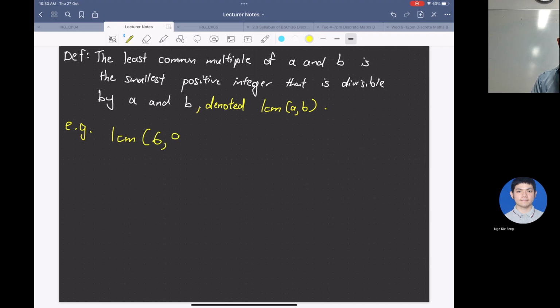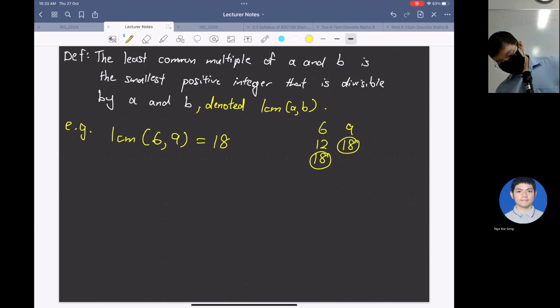Okay, what's the LCM of 6 and 9? 18, correct. If you want to systematically do it, you just list out the multiples and then find the least one.